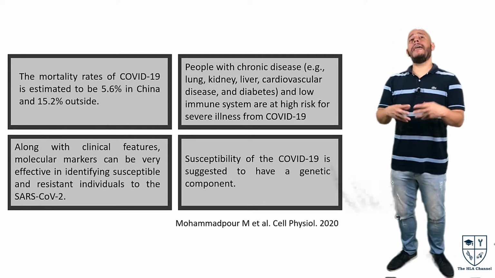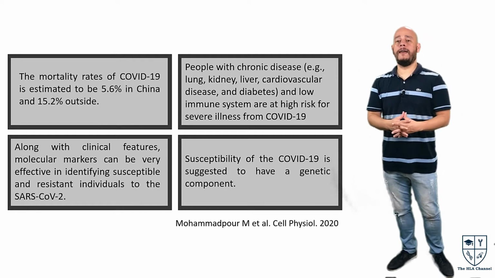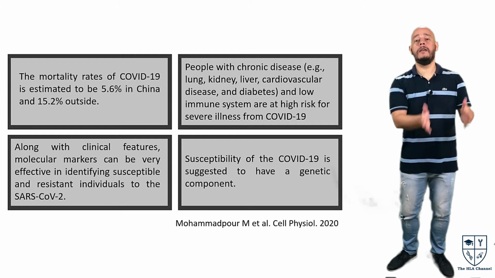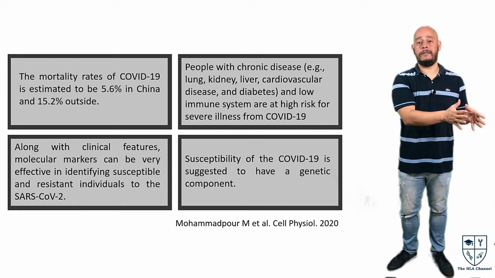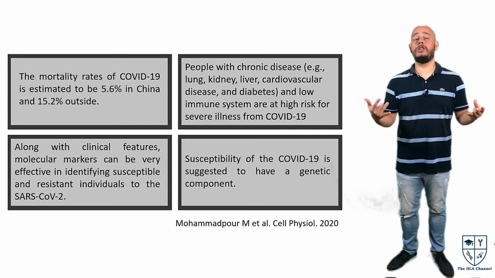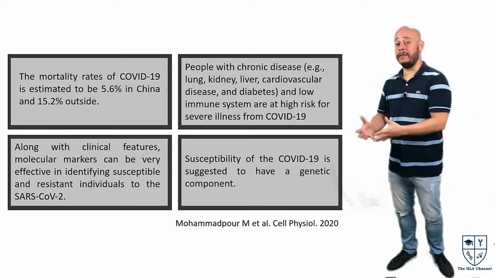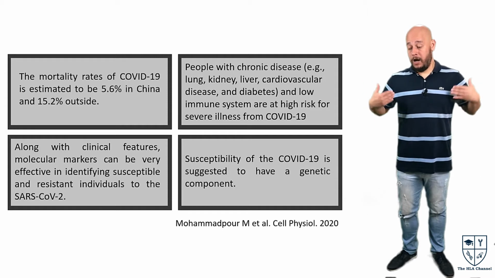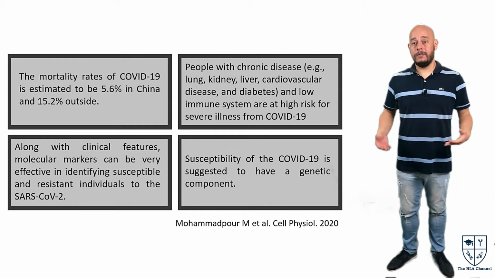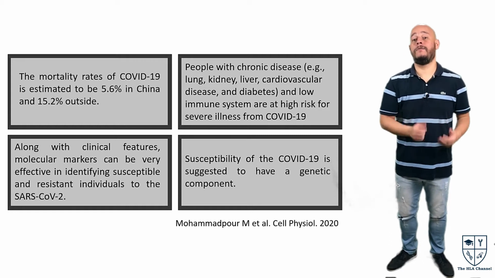We know many viruses and bacterial infections are associated with host genetics. So why not study HLA genotype and COVID-19? If we can understand a little bit more about the host genetics, we can fight this virus more efficiently.